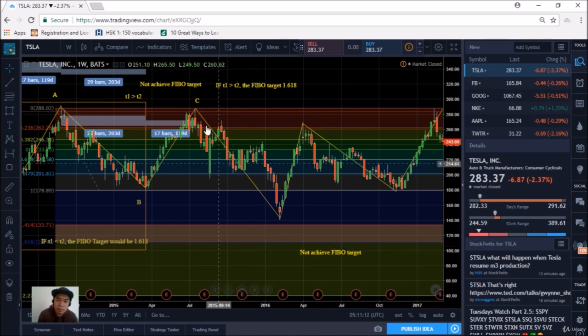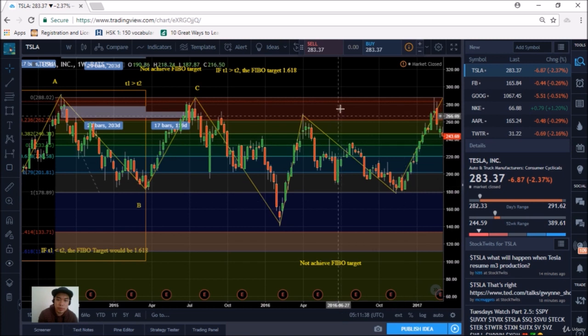Now you have to remember, if it achieves the target 0.618, 1.618 below this, after it retraces, it will go lower. But in this line we can see that it's not reaching its target downward, thus it will go sideways in the future.